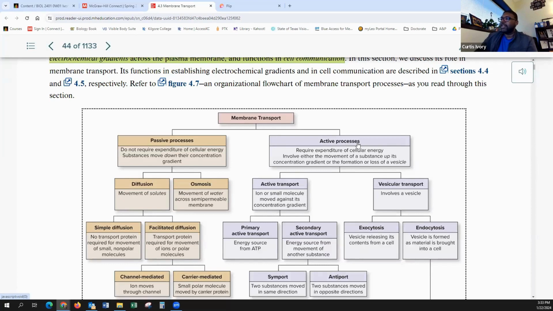So again, if I sprayed perfume in a corner of the room, it's going to be really concentrated in that corner of the room because that's where I sprayed it. But eventually, all those molecules will spread out, and then you'll be able to smell it everywhere in the classroom. So that would be an example of diffusion. Osmosis, on the other hand, is like me taking food coloring in a glass of water, and I just put one drop of food coloring in the water.